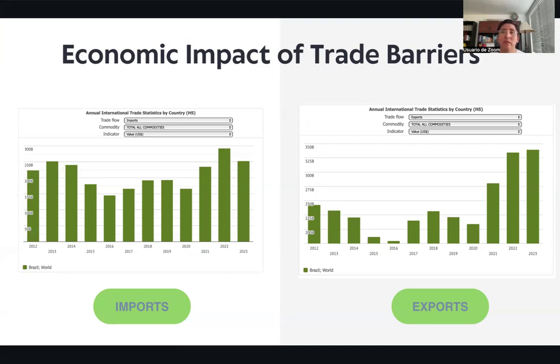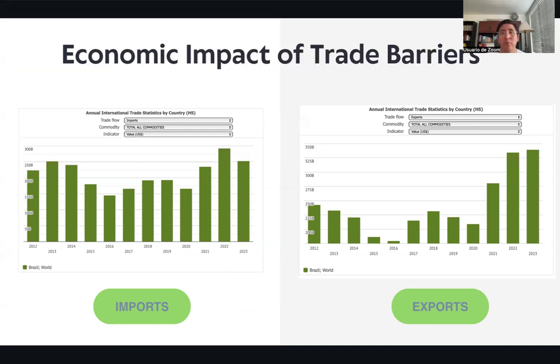For example, the automotive and agricultural sectors have been able to develop without being overrun by foreign competitors. These protections have helped Brazil create local jobs, promote industrial self-sufficiency, and even stimulate technology development in strategic sectors.